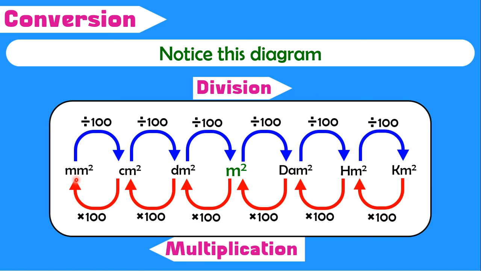So as we move from millimeter square to centimeter square, we divide by 100. Or from centimeter square to decimeter square, we divide by 100. Or if we convert from meter square to decimeter square, we multiply by 100.